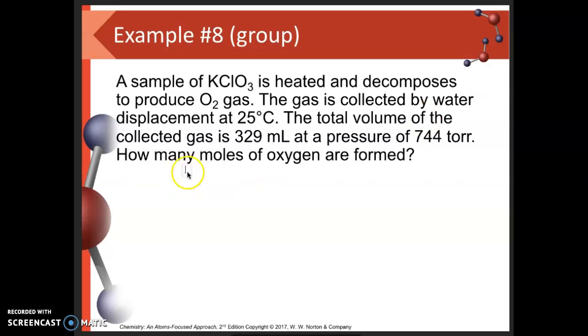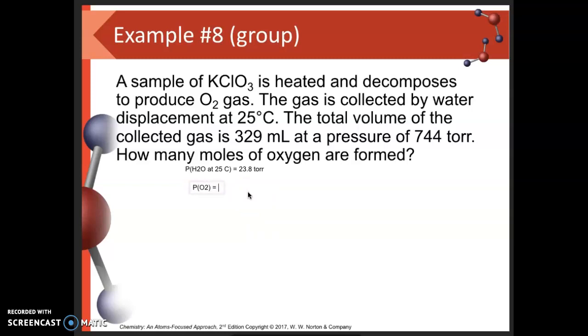And if I look up on the table of values, I see that the vapor pressure of water at 25 Celsius is 23.8 torr. So before I can move on into figuring out and solving the rest of the problem, I have to take this pressure issue into consideration.